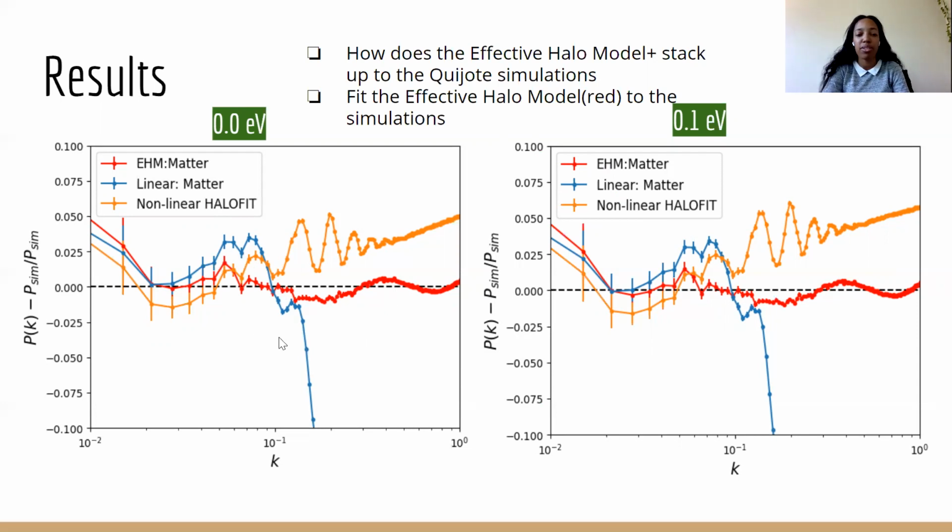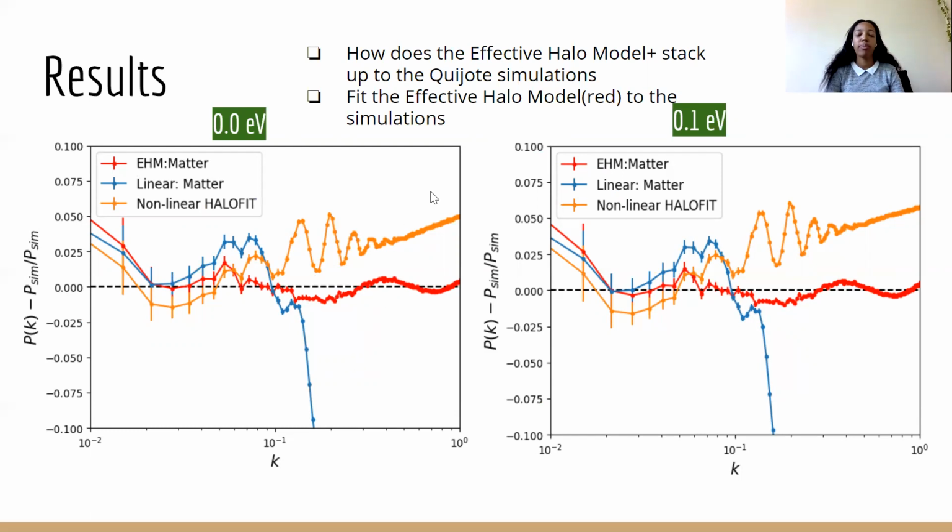The blue graph represents the older models, which had no non-linearity to them. And the orange graph represents the nonlinear halo fit model, which is basically a semi-analytic model that is calibrated through simulations to present the nonlinear power spectrum. Those are the three graphs that are shown.